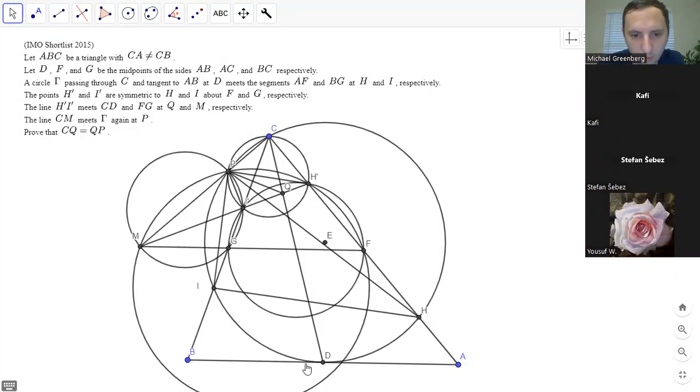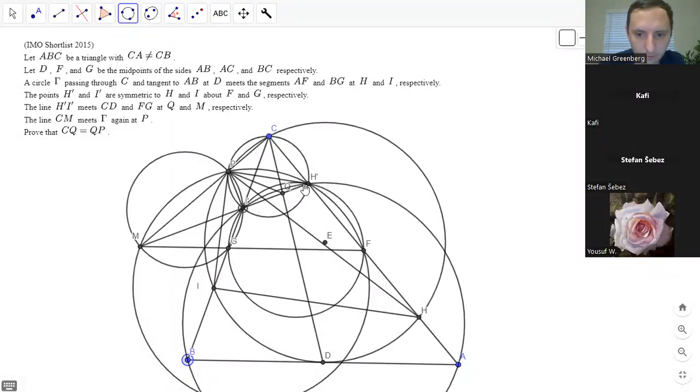And also BI is CI'. So by power of a point you get that BI'H'A is another cyclic quadrilateral. That is basically equivalent to GI'H'F because they're parallel.